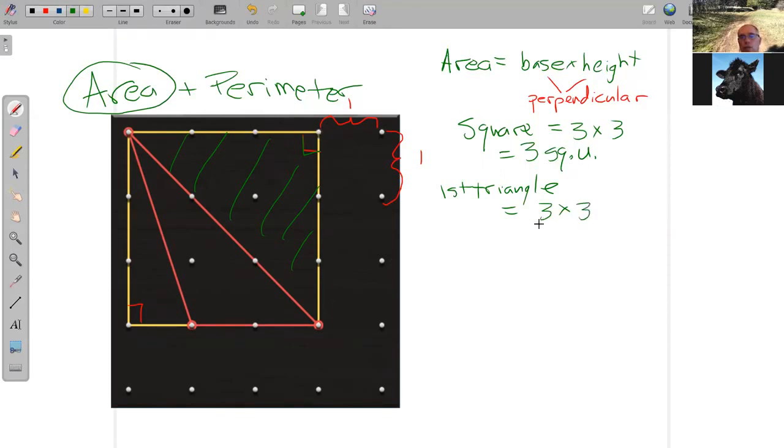And then for right triangles, we know we can cut that in half because this triangle right here is half of the whole square, because this line right here is a diagonal of the square. So any diagonal on a rectangle cuts it in half is what we're going off of here. So that's going to be 9 over 2, and 2 goes into 9 4.5 times.